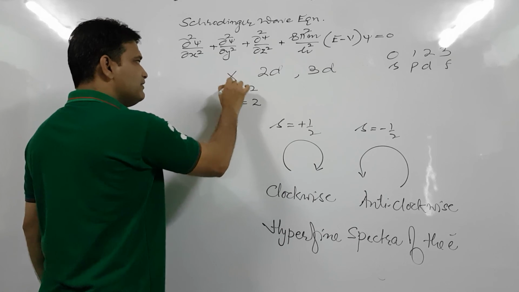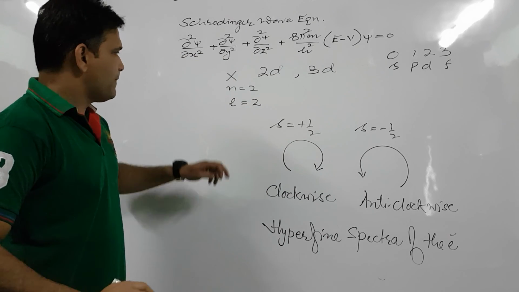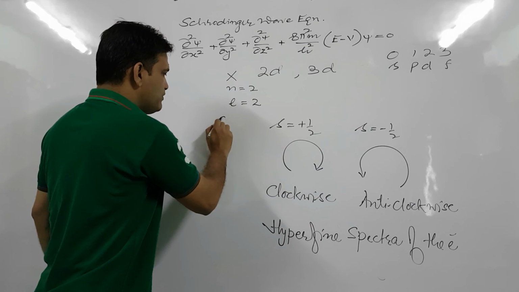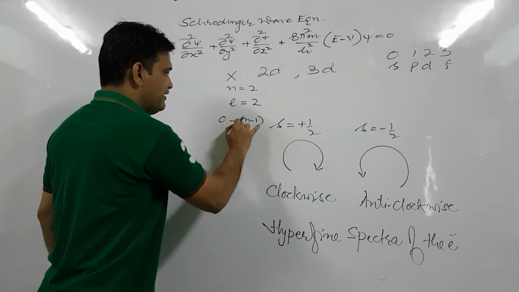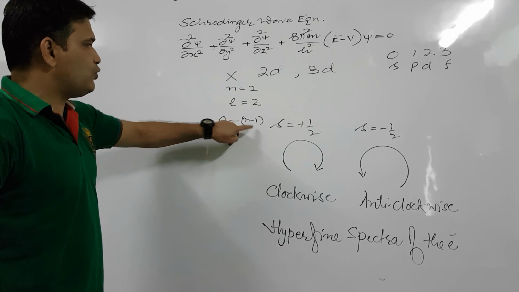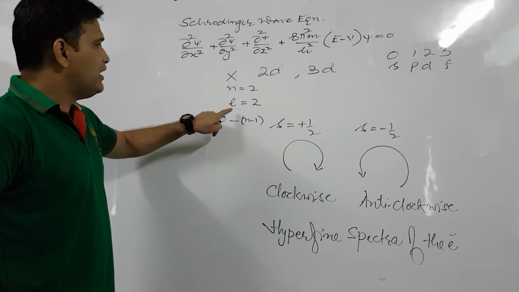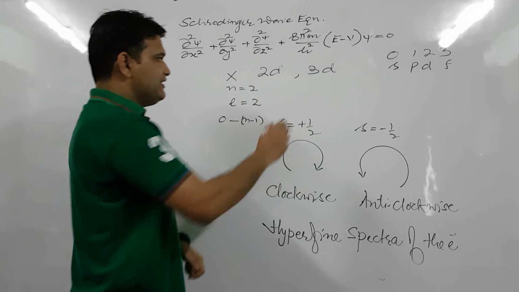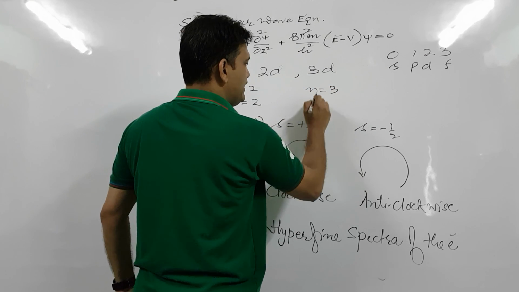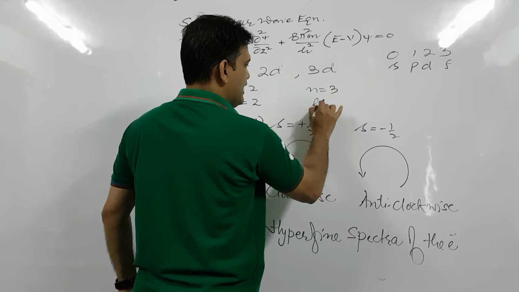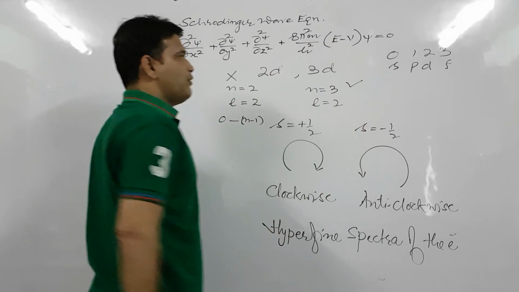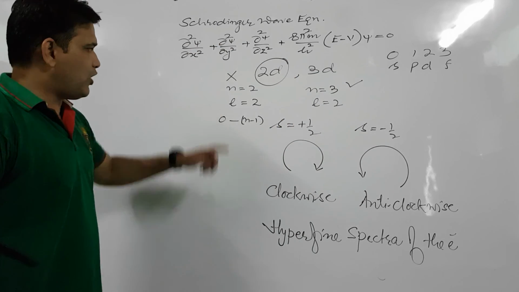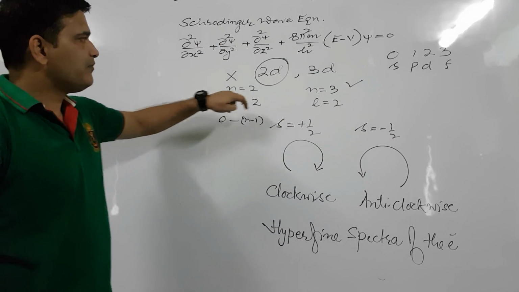This is not possible, because the value of L is always from 0 to n minus 1. If n is equal to 2, L will be 0 or 1. It will not be equal to 2. In 3D, n is equal to 3, and for D, L is equal to 2, and it is possible. So 2D is not possible according to the conditions of the quantum numbers, and 3D is possible.